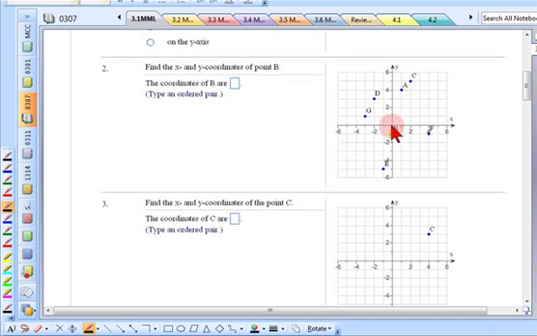From the origin, how do you move horizontally? You don't. So the 0 first, then -1. So it is 0, comma, down 1 is -1. When it says in the instructions, type an ordered pair, you're going to need to put parentheses: 0, comma, -1, close parentheses.